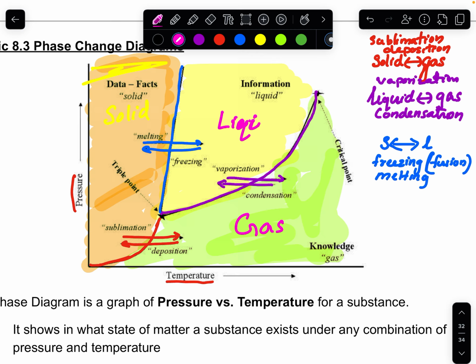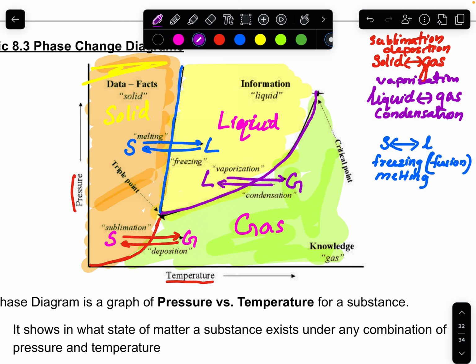So now you understand how the phase changes are happening, right? Here we are going from solid to gas. Here we are going from solid to liquid, and here we are going from liquid to gas.